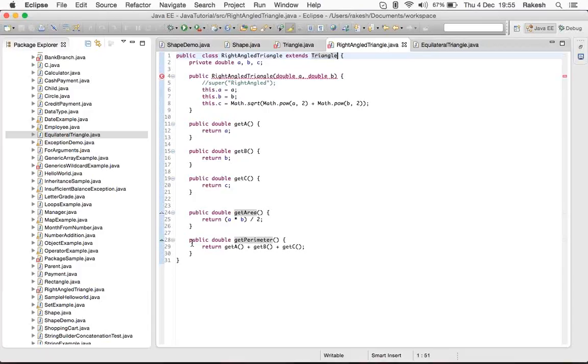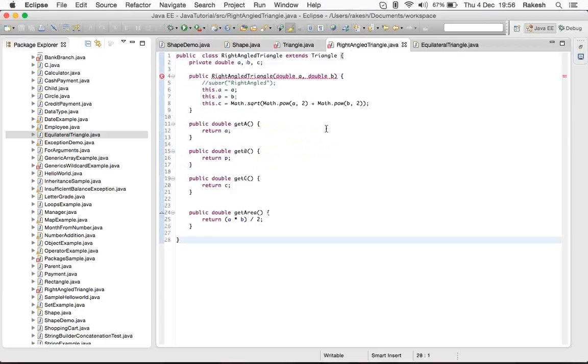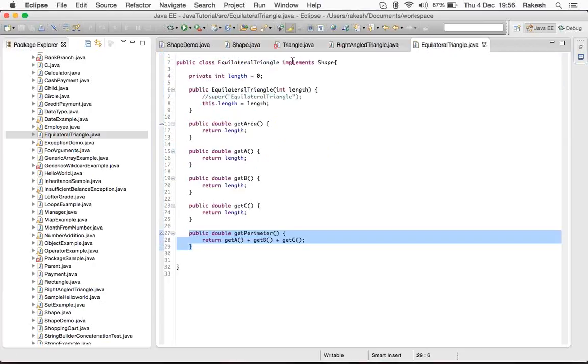Now my superclass will contain the method get perimeter. So I'll cut this method from here and paste it here. So my triangle has a method called get perimeter. Likewise, I'll do the same thing for equilateral triangle also.